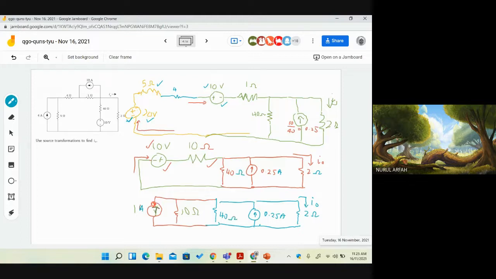Okay, good. Right. Now, what should you do? You can simplify this part, right? And then the current source. Right? Yes, yeah. So, one with 0.25. You have, this is a current source. And then this is a resistor, simplified version.